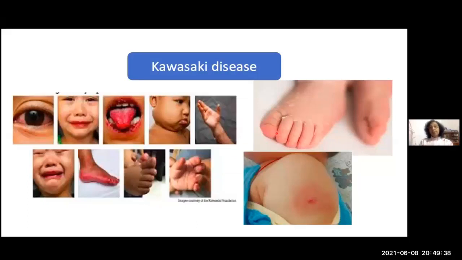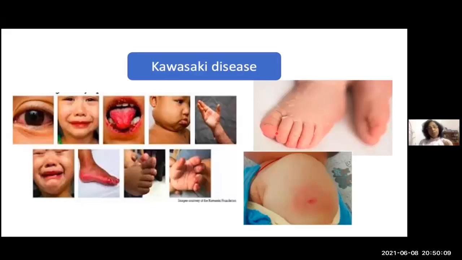A child below 5 years, even an infant or up to about 3 years, can present with fever of 4 or 5 days duration, extreme irritability, poor feeding. You may actually think that this is a CNS infection or severe sepsis. And if you detect these clinical features, it won't be difficult for you to clinically diagnose Kawasaki disease.